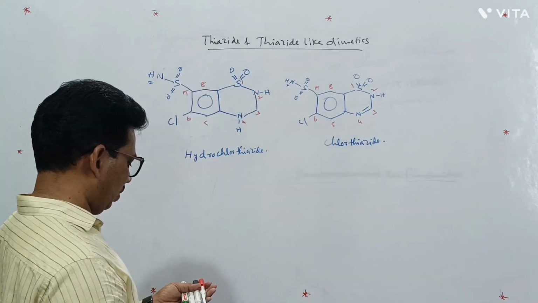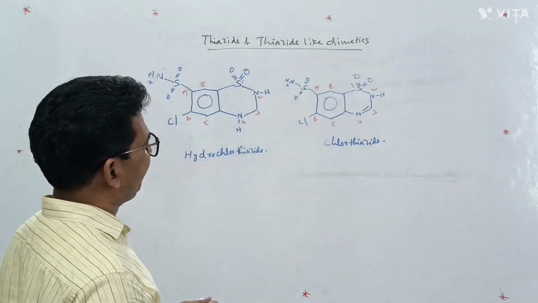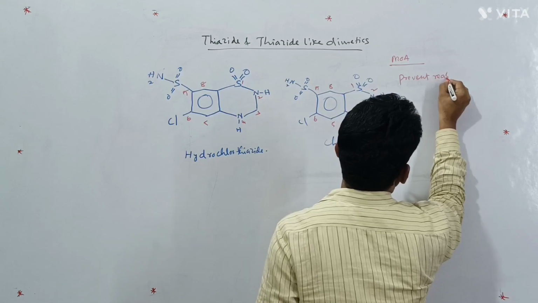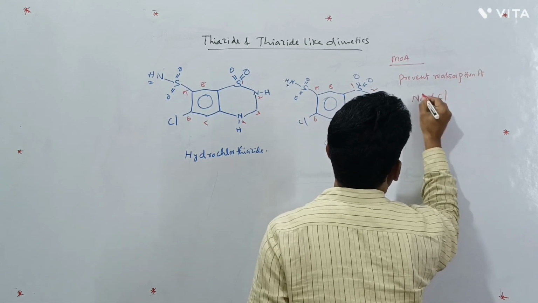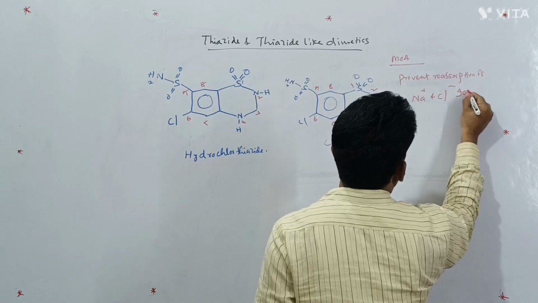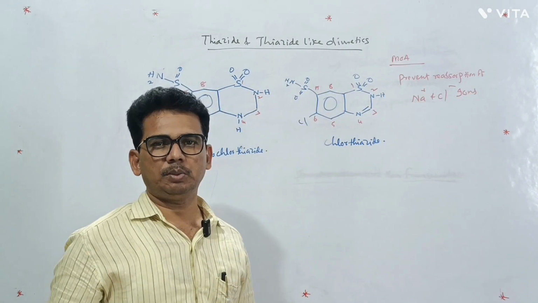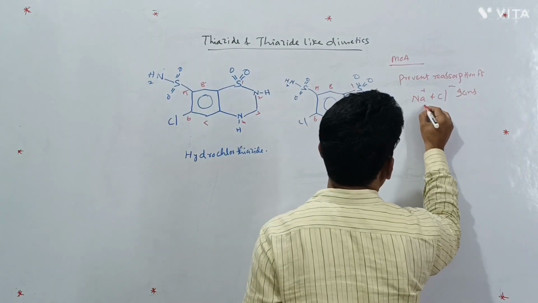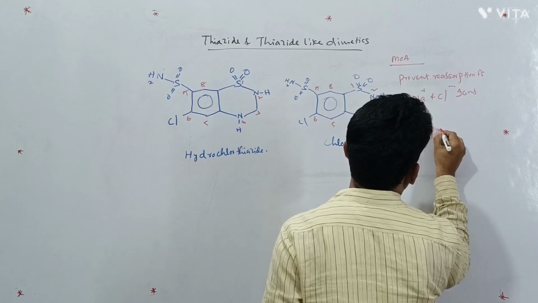Okay, what is the main mechanism of action of chlorothiazide and hydrochlorothiazide? They prevent reabsorption of sodium and chloride ions, increasing the output of urine.